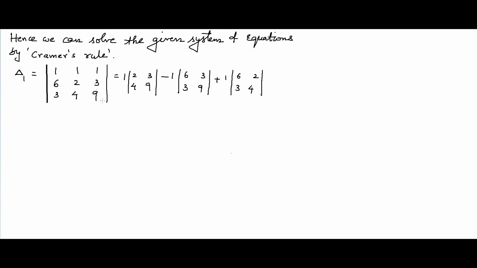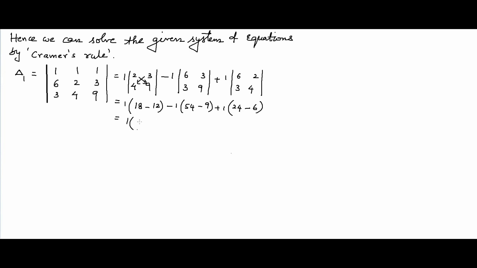Again, the determinant of ABCD is in the form of AD minus BC. So 2 into 9, 18, minus 3 into 4 is 12. Same way, 6 into 9 is 54, minus 3 into 3 is 9, plus 1 into AD minus BC: 6 into 4, 24, minus 2 into 3 is 6.